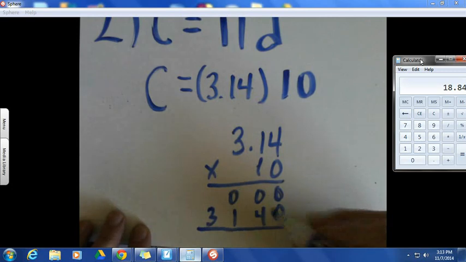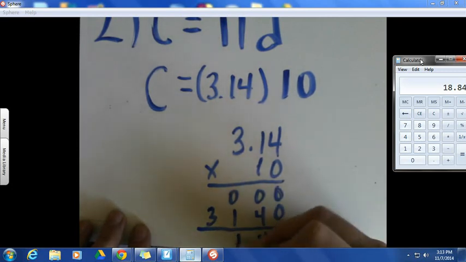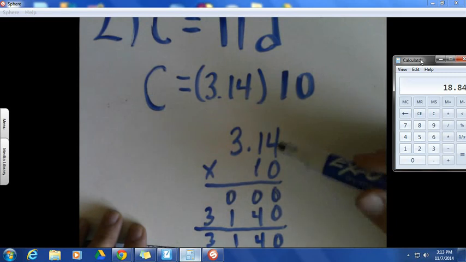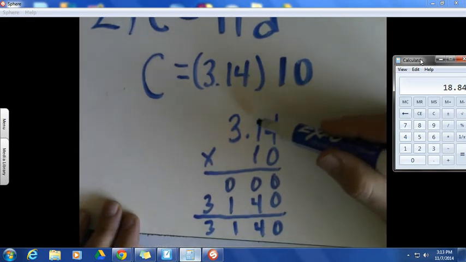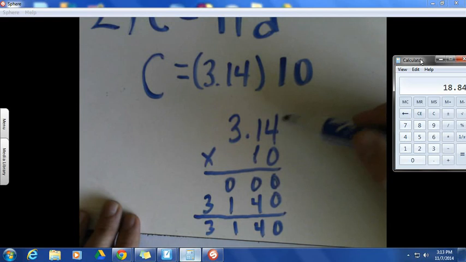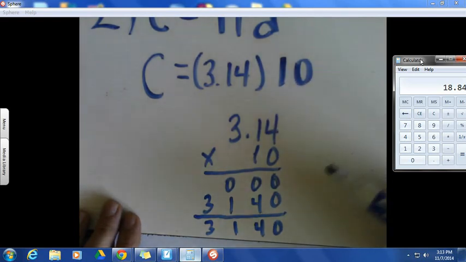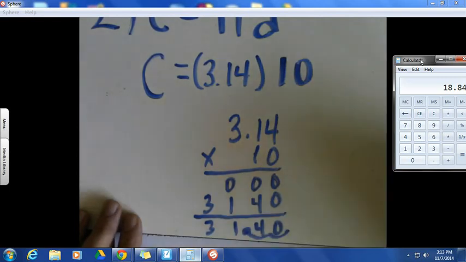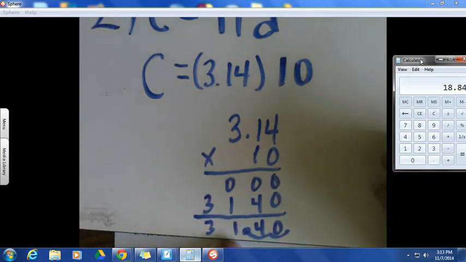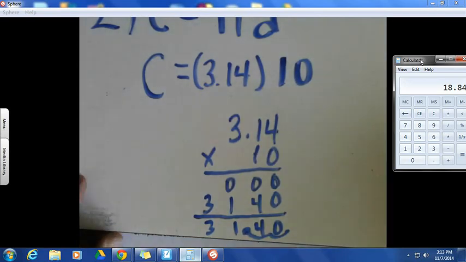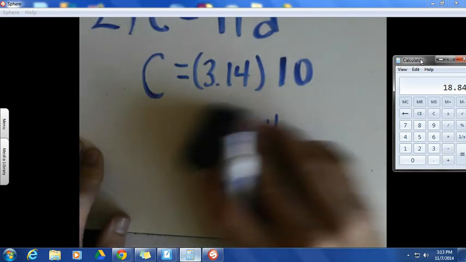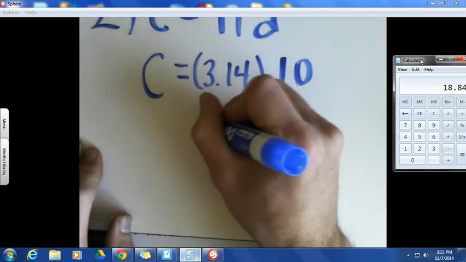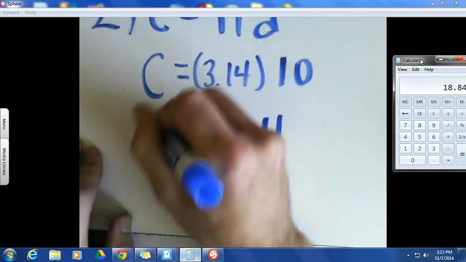We add all of our numbers together, and we count how many numbers we have to the right of the decimal in our original problem. Well, we have 2 numbers. We have to have the same amount of numbers to the right of our decimal in our answer. So we're going to move our decimal 2 places to the left, and we wind up with the answer 31.4. 31.4 is our circumference.